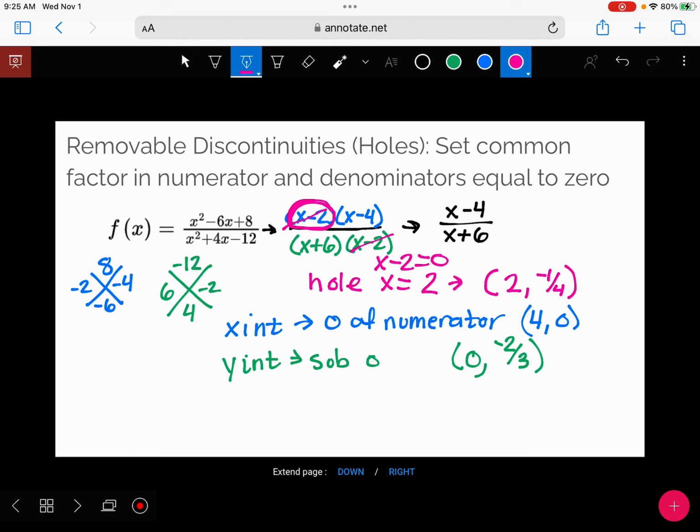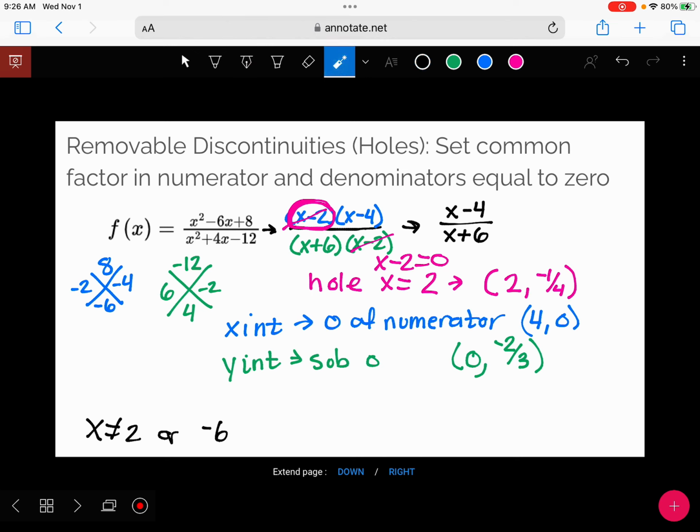Our domain is going to be the same thing, as we still have to use our full factors even before the hole. So our x cannot be 2 or negative 6.